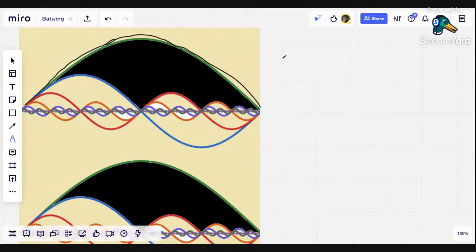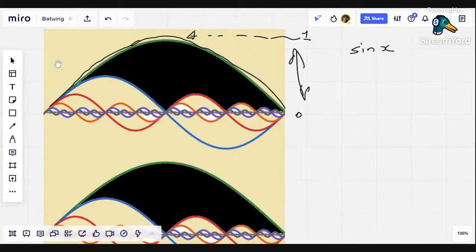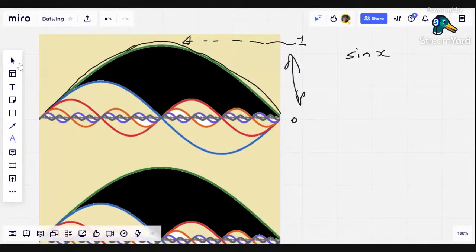That function is just sine x. It goes from 0 to 1 in the vertical. Actually, I should draw the axes here.